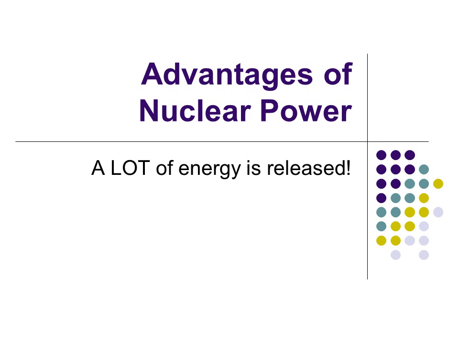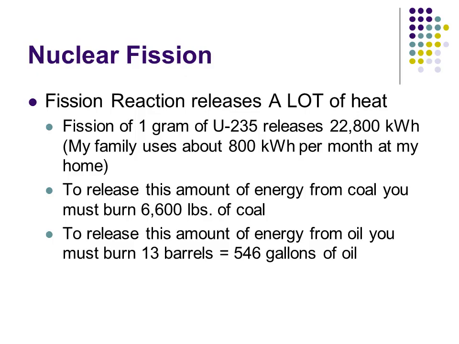A second advantage of nuclear power is a lot of energy is released. When I say a lot of energy is released, it means 1 gram of pure uranium-235 would release about 23,000 kilowatt hours. This is enough electricity to power my family's home for about 2 years.